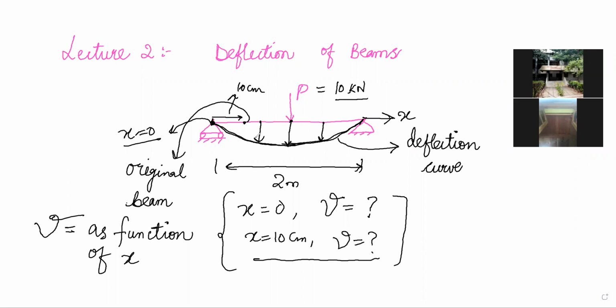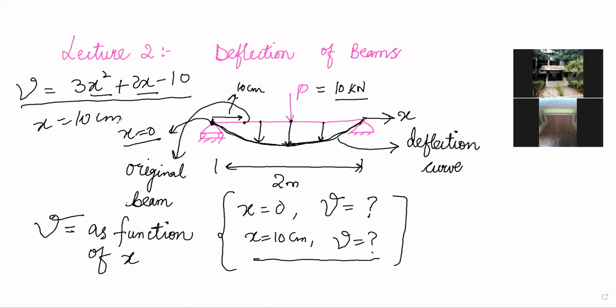For example, we have nu is equal to 3x square plus 2x minus 10. This equation shows us how the deflection varies along the x-axis. If we put x is equal to 10 centimeter in this, we'll obtain the value of deflection. If we put any value of x in this equation, we'll obtain the value of deflection at that very point. So that's very important for us.